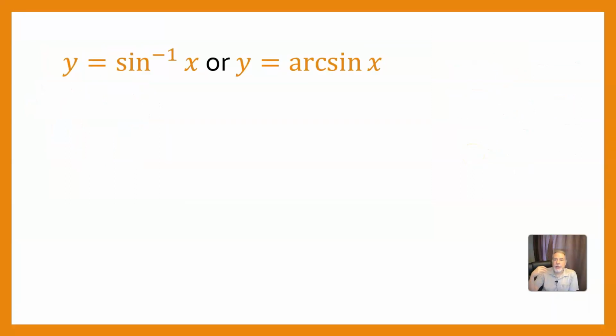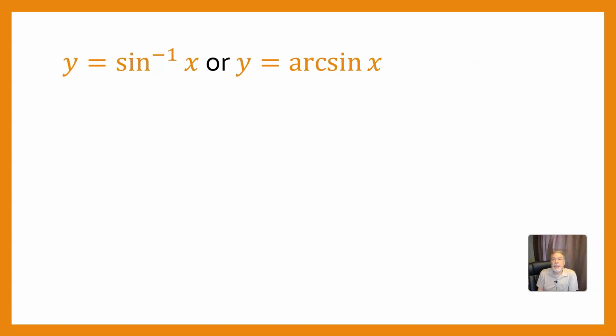So, first consider the inverse of the sine function. Some people and some textbooks write it as sine inverse of x, that is, sine with a superscript -1. Now, this does not mean that we're raising sine to the -1 power, which would give us the reciprocal of sine, which is cosecant.